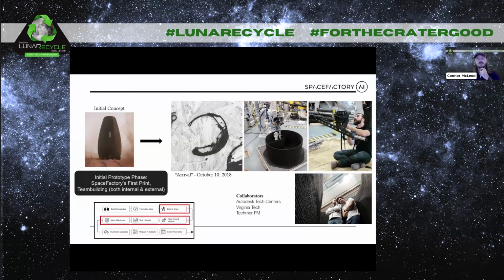For our collaborators during the NASA Centennial Challenge, it was Autodesk Tech Centers, who were working on large-scale 3D printing of lunar regolith at the time, and also Virginia Tech, who had a machine of the same scale and capabilities. That assisted us in providing the final product. And then Techmer is the polymer producer, which developed the polymer we use to print.